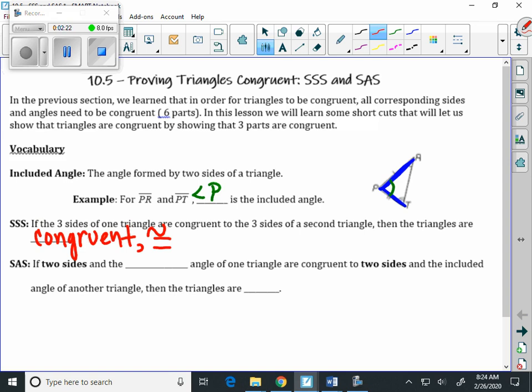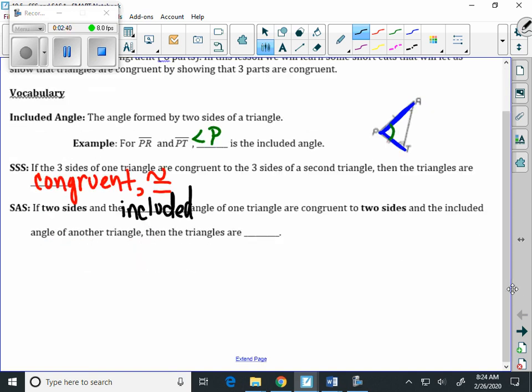Side, angle, side. SAS says if 2 sides and the included angle of one triangle are congruent to 2 sides and the included angle of another triangle, then the triangles are congruent. Again, if you prefer, there's our abbreviation for congruency.